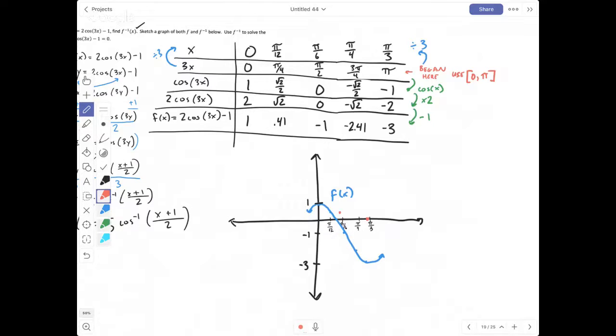And then I need to graph pi over 6. So negative 1, pi over 6, like there. And negative 2.41, pi over 4.